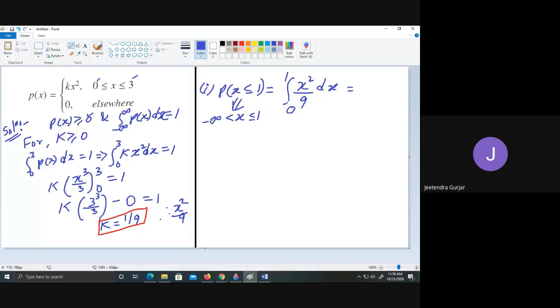You cannot take this as a continuous function. We have to take 0 here because this is already given. It cannot cross the value 0. Therefore, this is 0 to 1, students. So now it is the integration from 0 to 1 of x square divided by 9 dx.